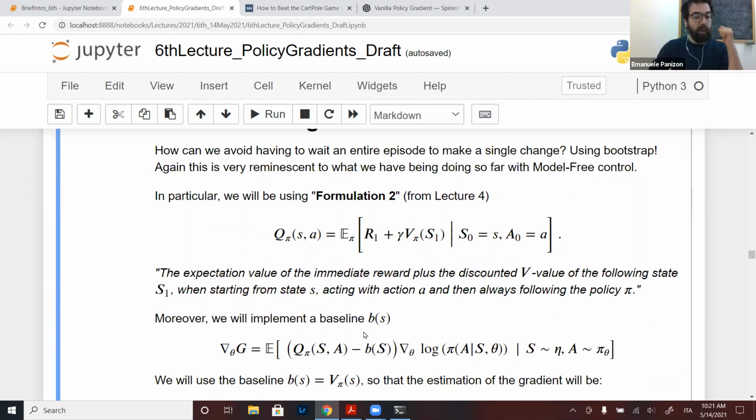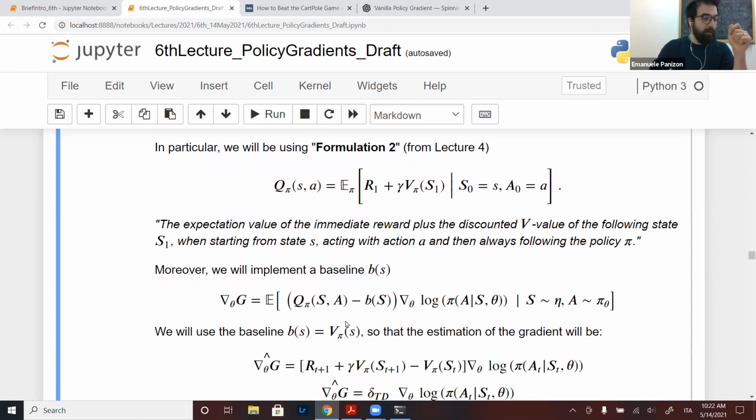However, if you subtract or add to Q any function of the state only, meaning it cannot be a function of the action, then if you compute the expected value, you actually find exactly the same thing. Why? It's a very simple calculation.